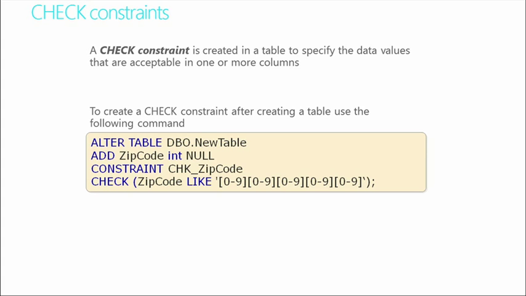We can also introduce another type of constraint called a check constraint. This enforces the type of content or the values that are being added. This here is an example of altering a table called new table. We're adding a column called zip code. It's an integer value with a null. We're going to create a constraint on there called check zip code, and we're going to set this up to check the zip code.